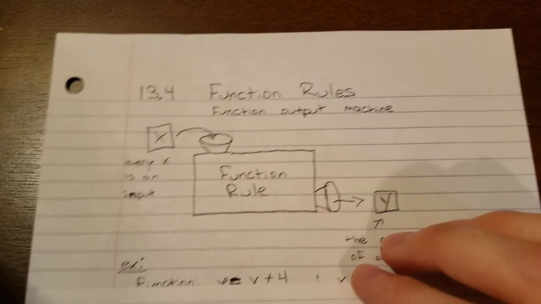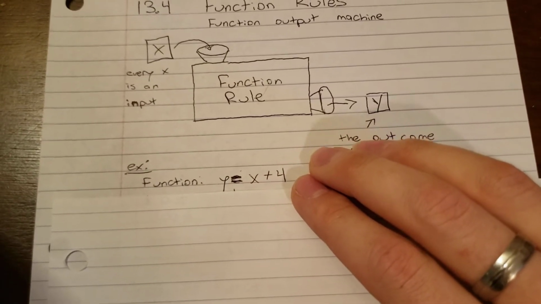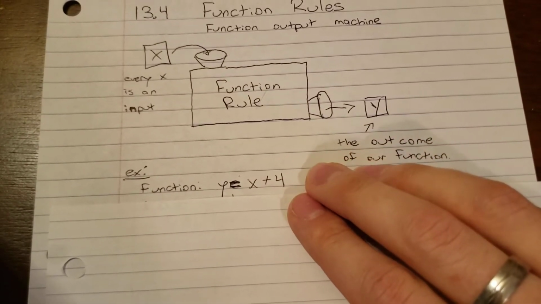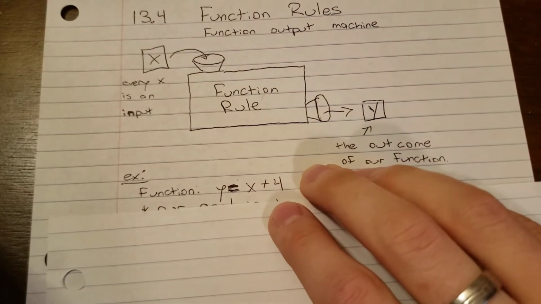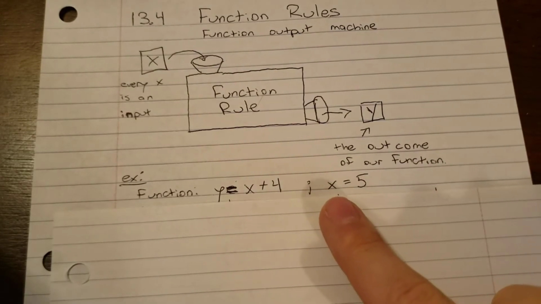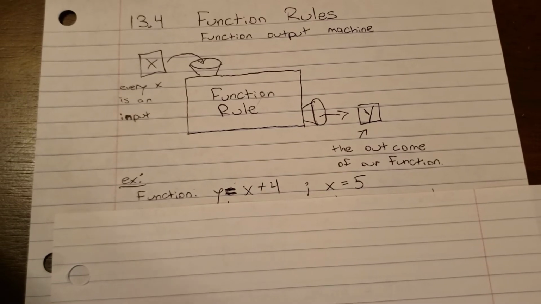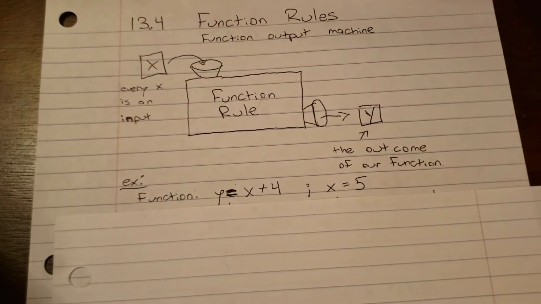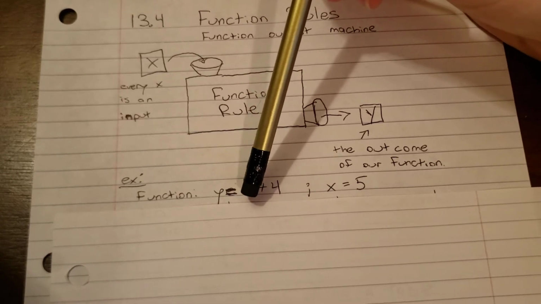So here's an example. Let's say our function is y equals x plus 4. So again, y equals, right, that's our outcome, x plus 4. Now, let's say we are putting in the value of 5 into this function. So 5 isn't always the answer, right?